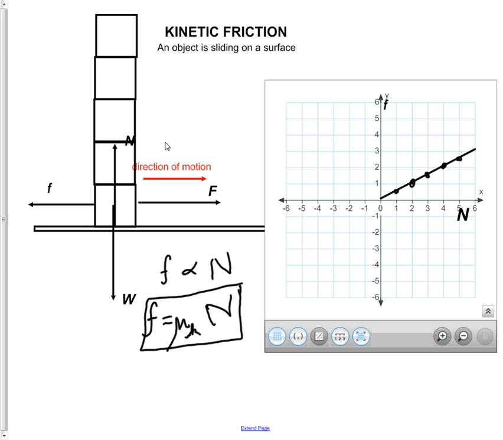So there's no way that the vector f could be equal to mu sub k times the vector n. This is an empirical equation, and it's one which is useful, but if you press them hard enough, they'll weld together. If you really press them harder and harder together, this curve is eventually going to not look like such a nice straight line.